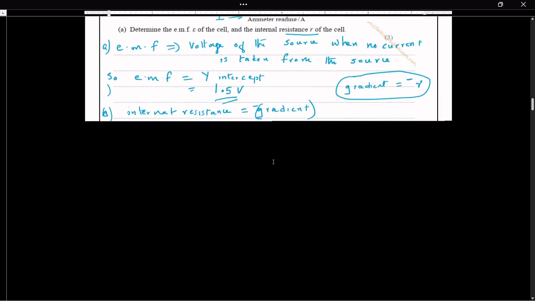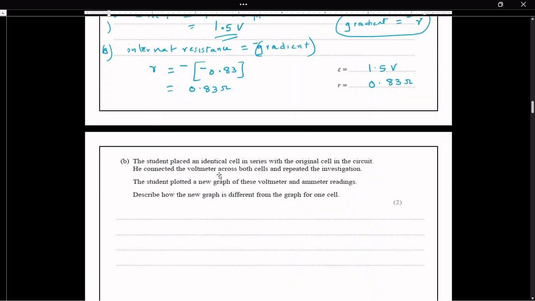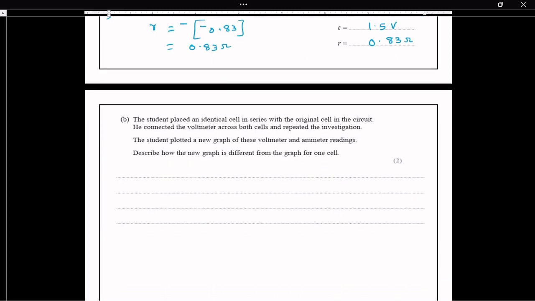But in the next trial, or the next step, he used two identical cells in series. So he connected two identical cells like this.